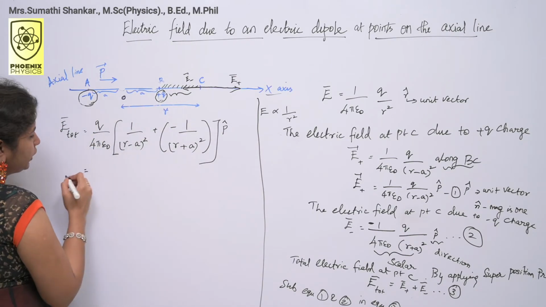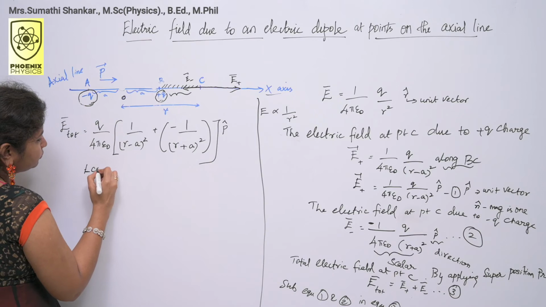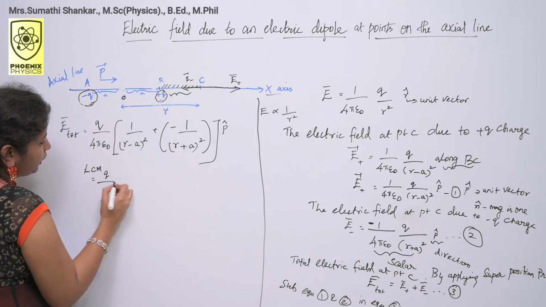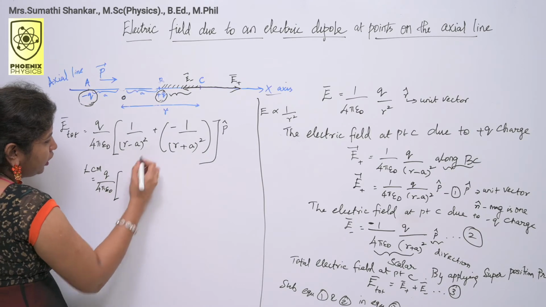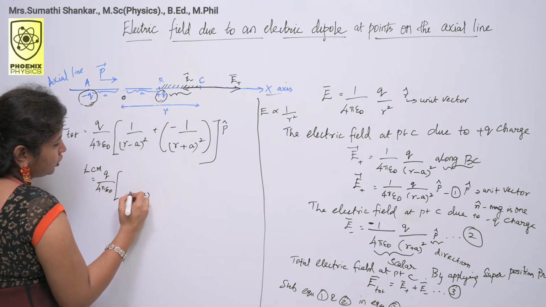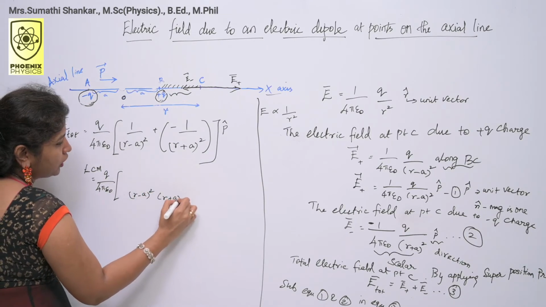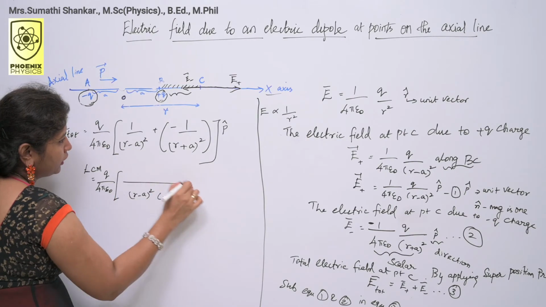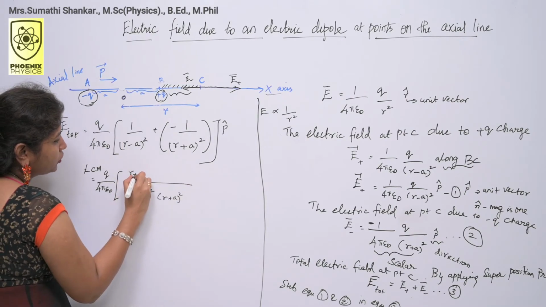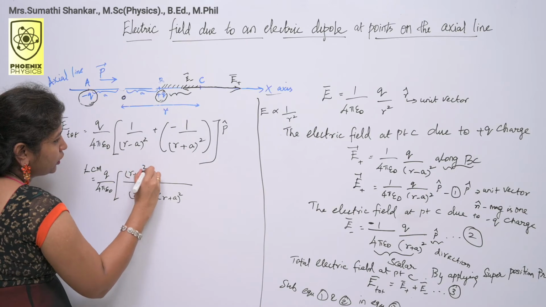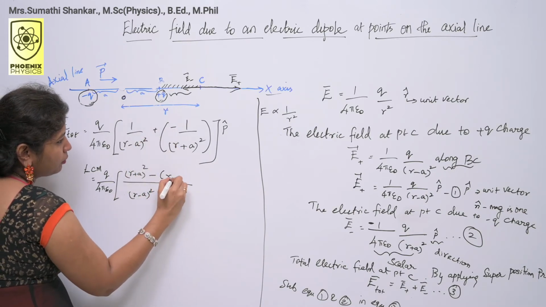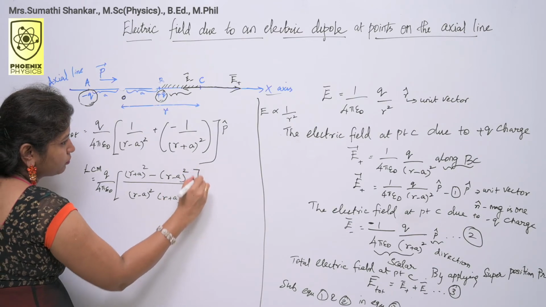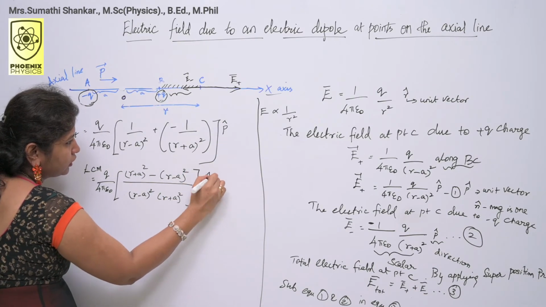Then you take the LCM. So Q by 4 pi epsilon naught, (R minus A) square, (R plus A) whole square in the denominator. In the numerator, (R plus A) square minus (R minus A) whole square, into P vector.